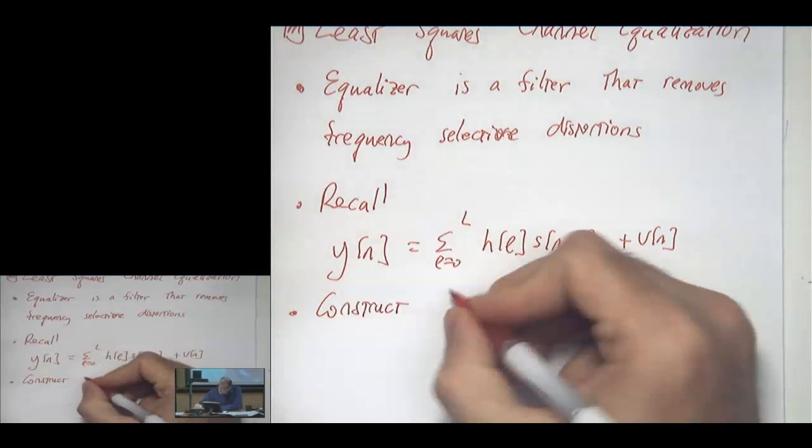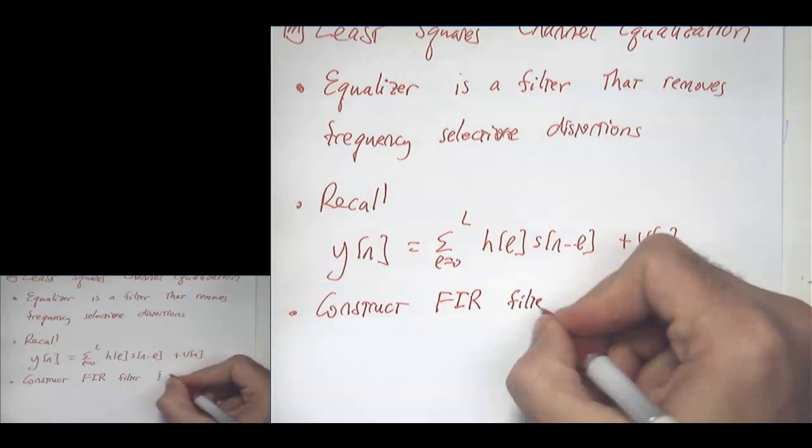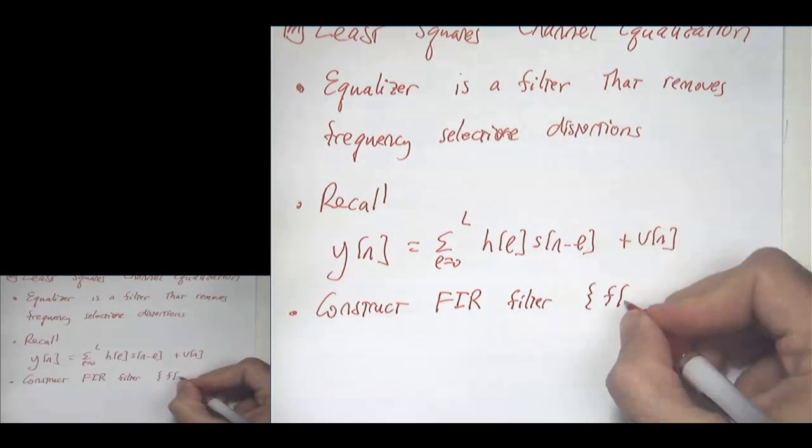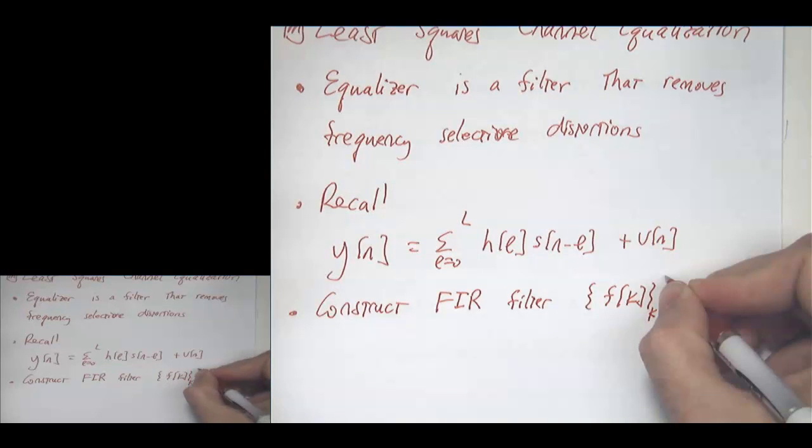and we're going to focus on finite impulse response filters, an FIR filter with coefficients. I'm going to call that filter f and give it coefficients k equals 0 to, let's say, I use in the notes n sub d. Sorry, not n sub d here.